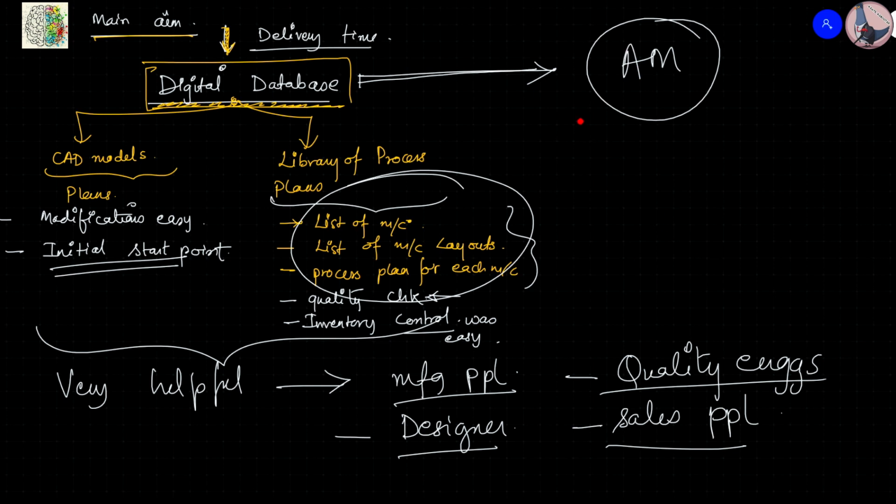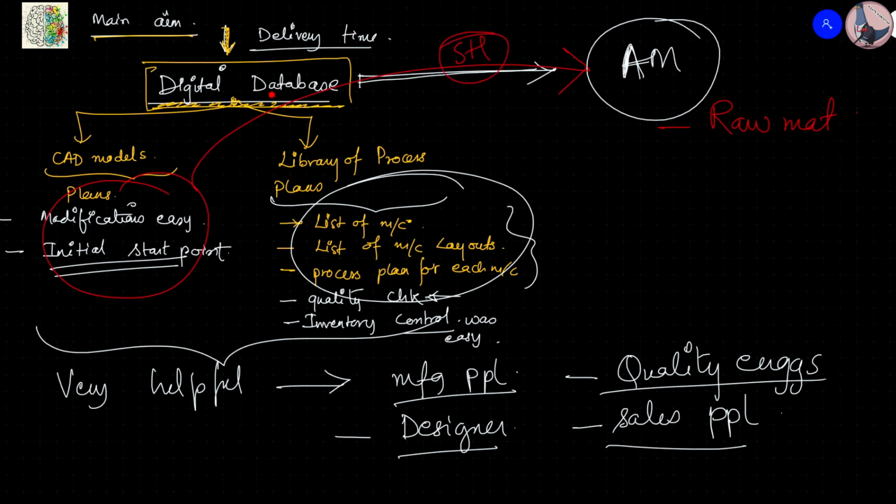As I told you in the previous lecture, the steps in additive manufacturing, you can understand that they only need some initial raw material, and with this raw material, with the CAD model as the input, in between there is one STL format conversion.